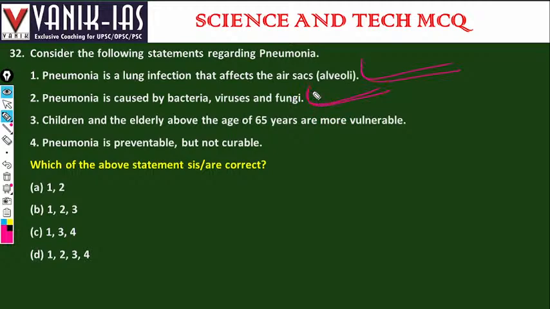Children and the elderly above the age of 65 years are most vulnerable. This is right. Pneumonia is preventable but not curable. Yes, it can be curable, so option 3 is wrong. So options 1, 2 and 3 are correct regarding pneumonia.